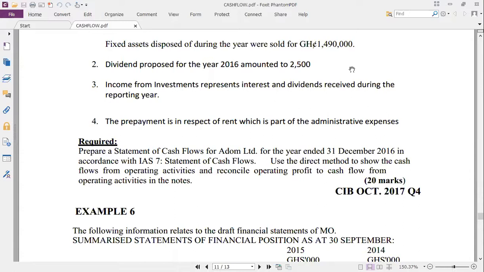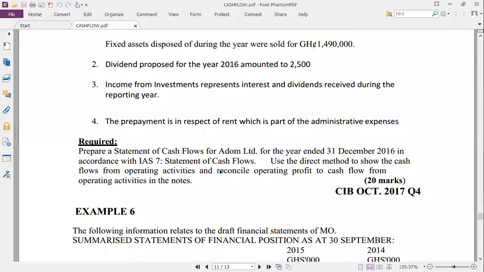Then when you are done, relax and come back again and reconcile the difference between the operating profit and the cash flow using the indirect method. So the ending part of the question was just requesting us to calculate just the operating activity using the indirect method.